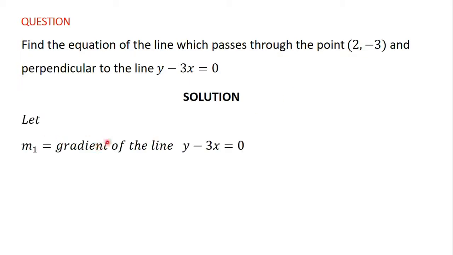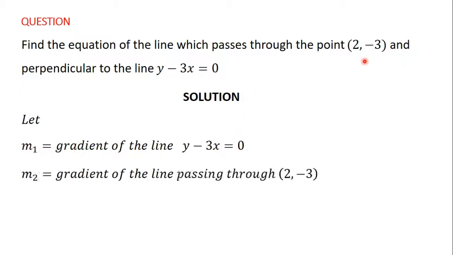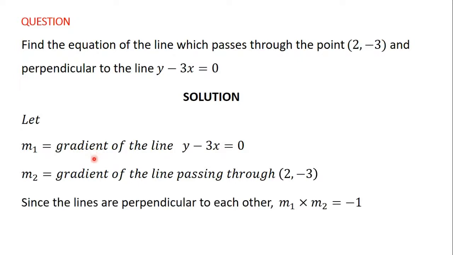We are going to represent the gradient of the line y minus 3x is equal to 0 with m1. We will represent the gradient of the line that passes through the point (2, -3) with m2. We have seen that these two lines are perpendicular to each other, so m1 times m2 is equal to minus 1.